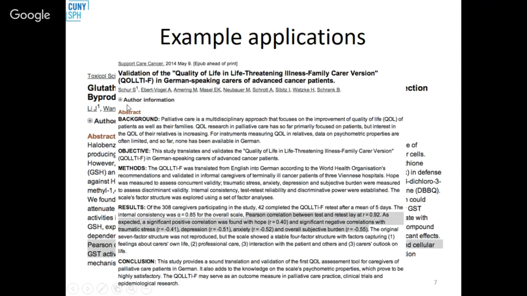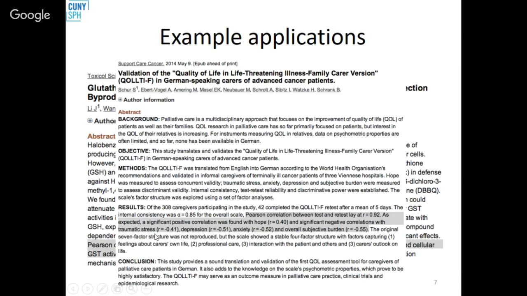The second example here was a validation of the Quality of Life in Life-Threatening Illness Family Carer Version. This is a quality of life measure based on a questionnaire for German-speaking carers of advanced cancer patients.